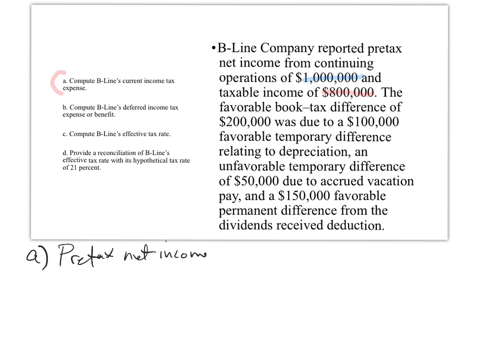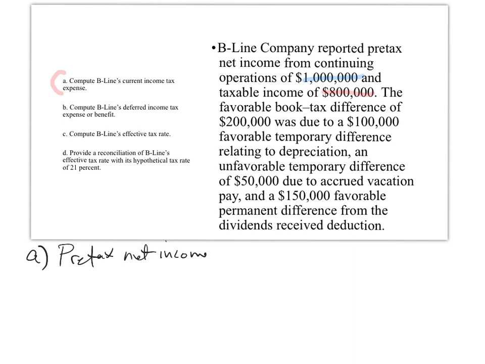And then we're going to line up our temporary and permanent differences, and that's going to take us to our taxable income. And then we're going to be able to figure out our current income tax expense, because that's what it's asking for. All right, so let's get started.